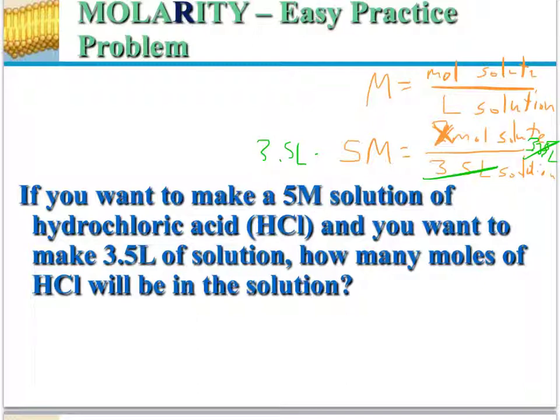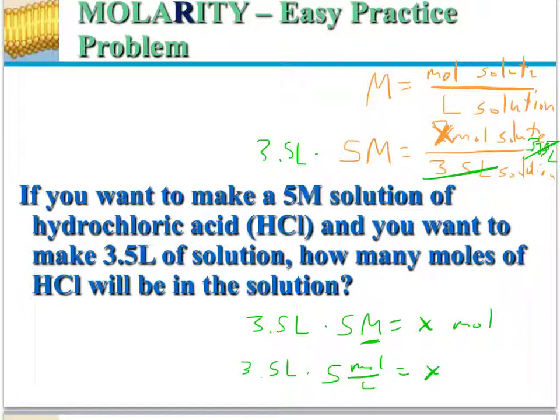So if you multiply each side by 3.5 liters, you're left with 3.5 liters times 5 molar equals X moles. Well, what is molarity? Molarity is just moles over liters, right? So we have 5 moles over liters times 3.5 liters equals X moles. The liters actually cancel, so you're just left with moles.